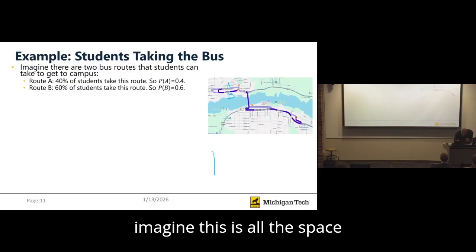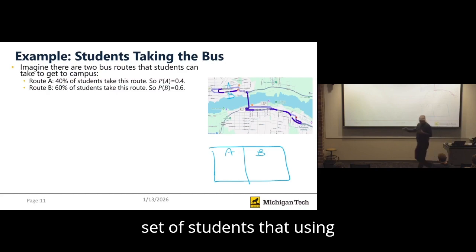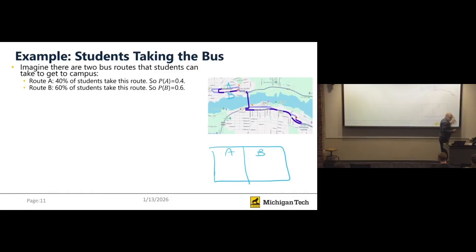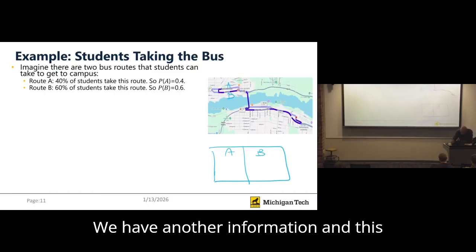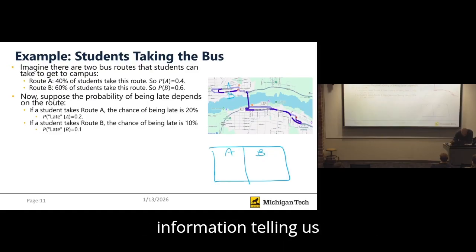Imagine this is all the space, and you have A and B. The set of students using route A is in this part, and the rest are in this part. We have another piece of information: for students using route A, there is a 20% chance they get late.